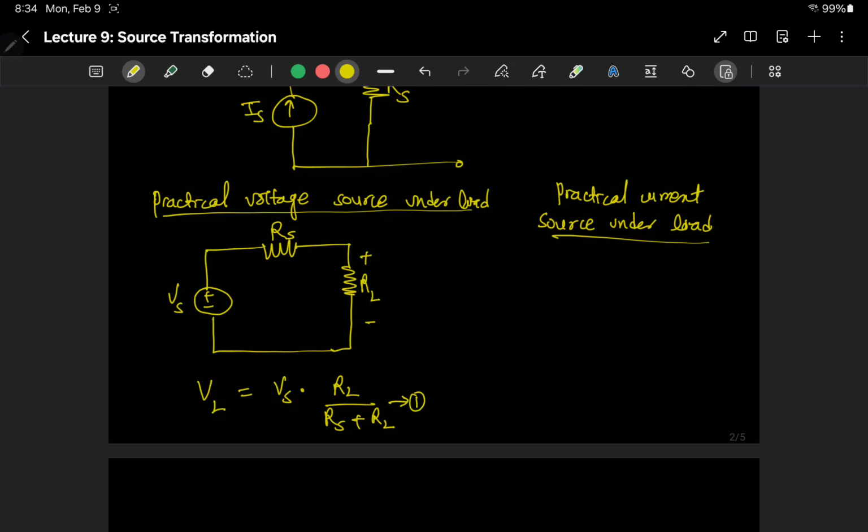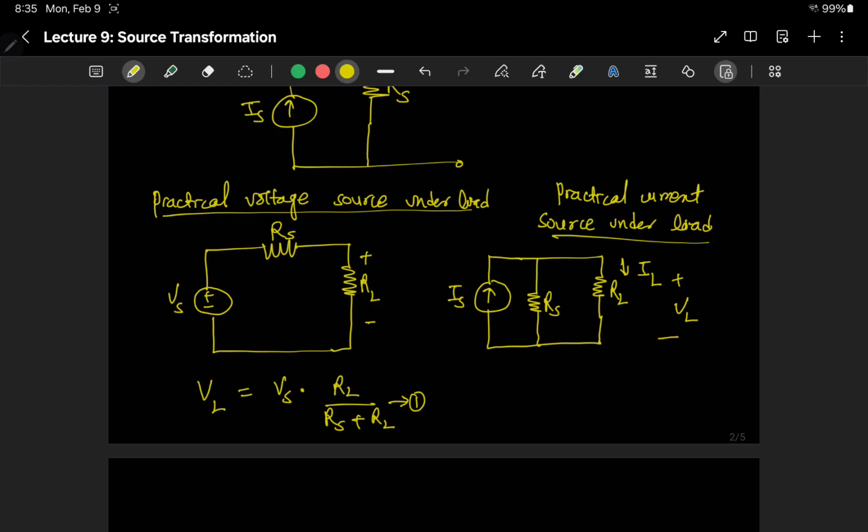Now in case of the practical current source, this will look something like this. Rs and Is make the practical current source, and then we have the load RL. Let's say the current flowing through this load is IL, and the voltage across it is again VL.